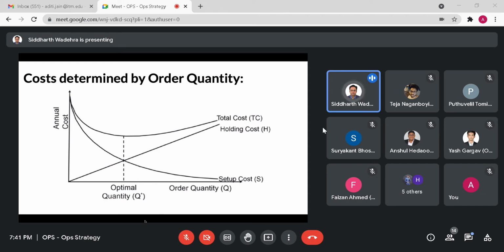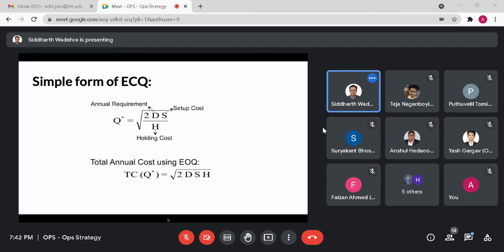There's going to be a unique minimum for the total cost, and that unique minimum is going to come from an optimal order quantity Q star, which can be computed based on the EOQ formula, which we will be looking at in the next slide. All right.